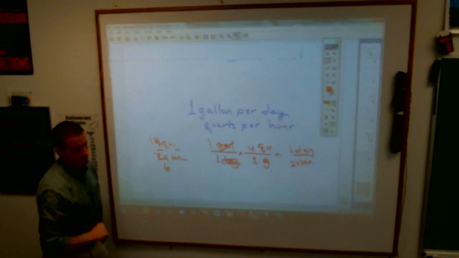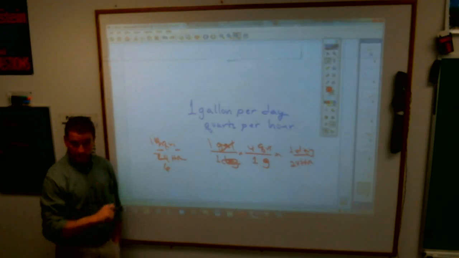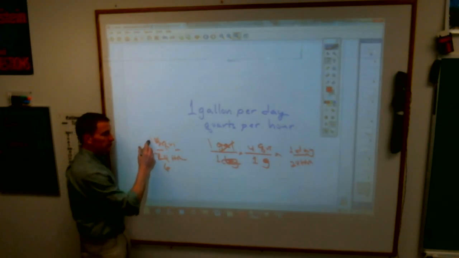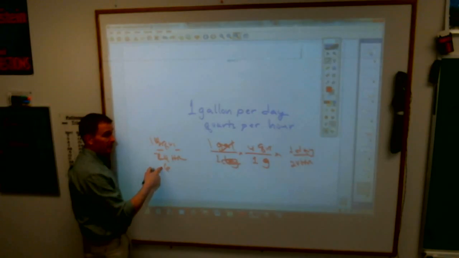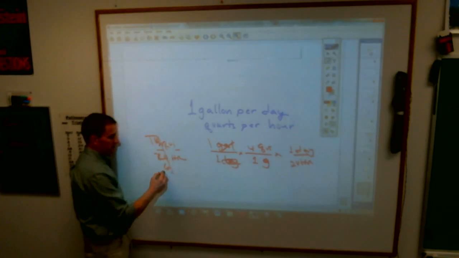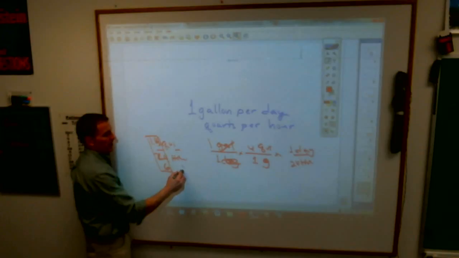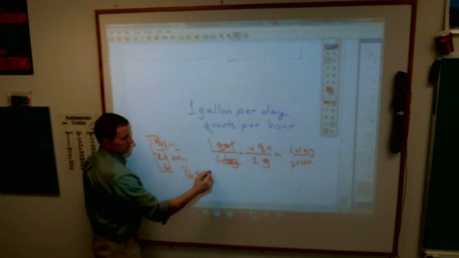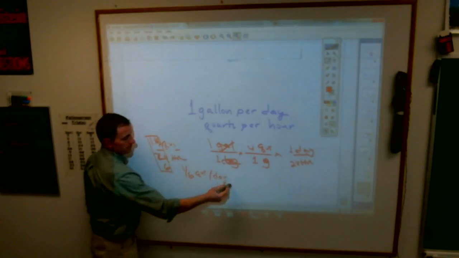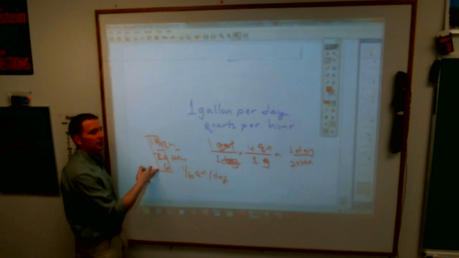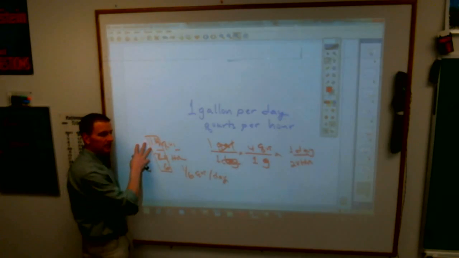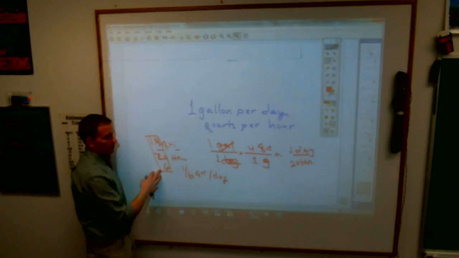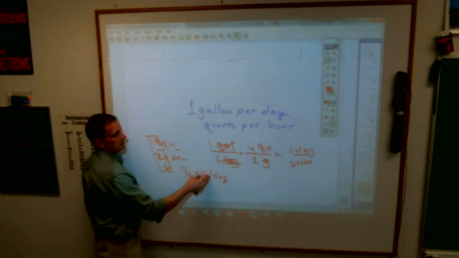But usually we don't say it as 1 quart in 6 hours. If you end up with a number on the bottom and it's not a whole number on top, you get a fraction, and you call it 1/6 of a quart per hour.